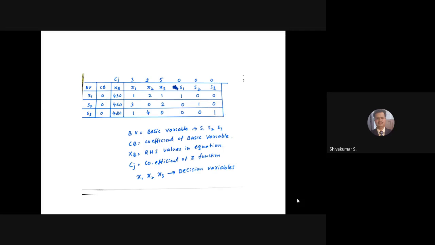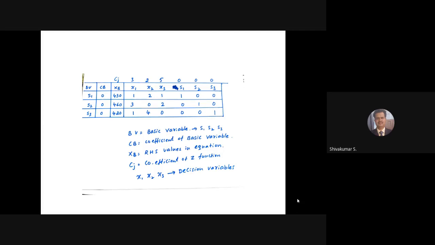You make a tableau: 10 columns and 4 rows. It's a very important step. You have to enter all the values.